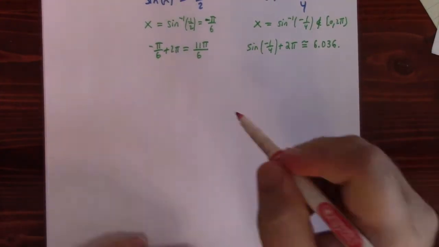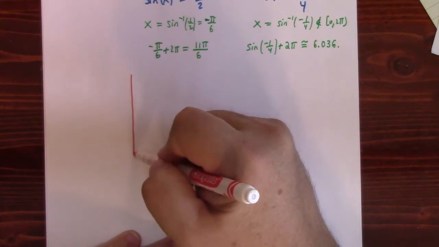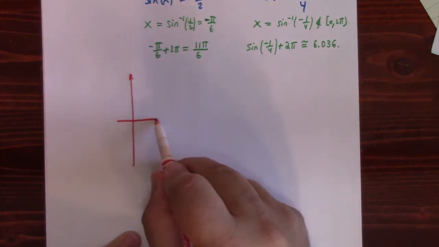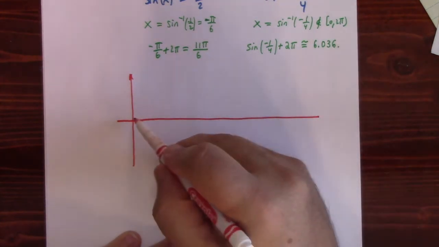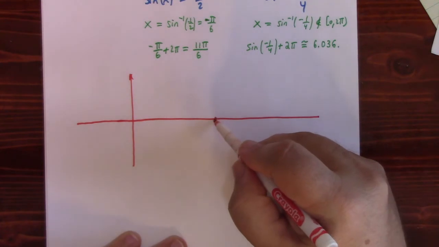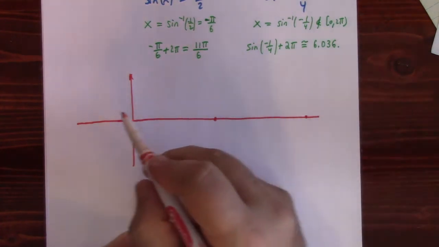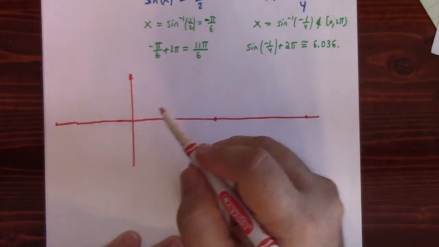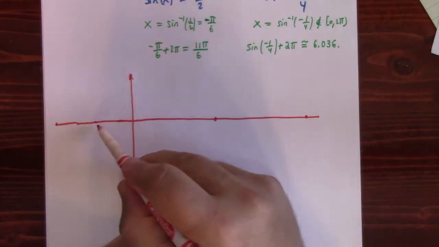But all right, so let me just draw a picture of what's going on here. Let's try to get a full account of what we have or what we're perhaps missing. So sine, I'll put pi here, I'll put 2 pi over here. So minus pi is like back here, and this is minus pi over 2.